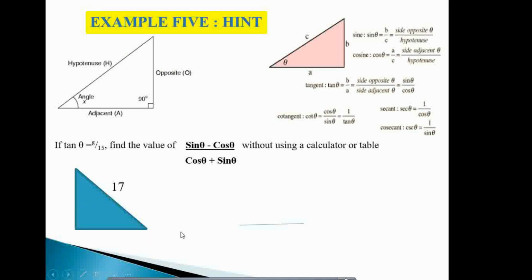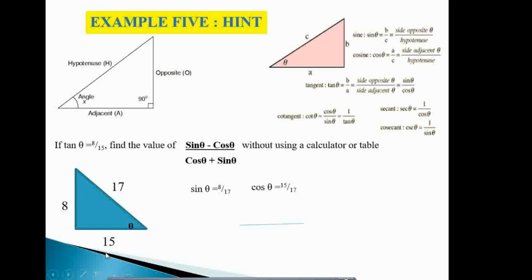We can draw the triangle and use what we are given, that is tan theta equal to 8 over 15. So our opposite is 8 and our adjacent is 15, which gives us tan theta.